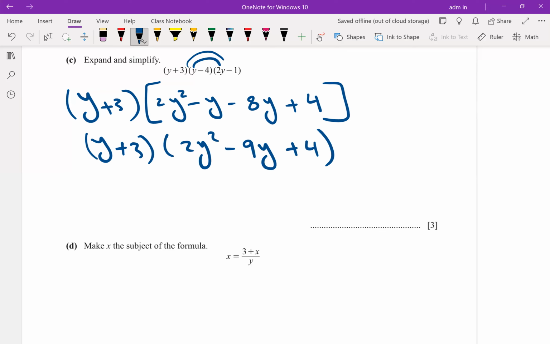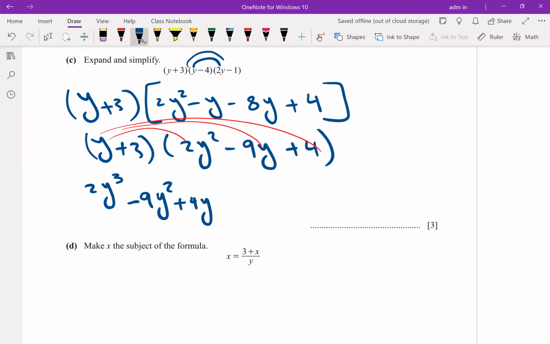Continue again. Multiply by first, by second, by third. Repeat with 3. The first, y times 2y is 2y cubed minus 9y squared plus 4y plus 6y squared minus 27y plus 12.